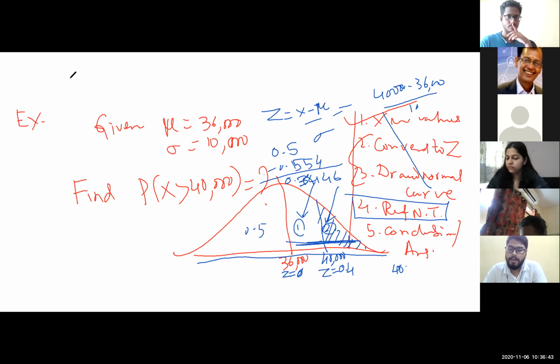Then taking 40,000 as x, we find the value of z, the standard score. Standard score comes out as 0.4. Now we look up the standard score in the normal table to get the probability area. The area will be 0.1554, which is on the right side, from the mean 36,000 to 40,000 on the right hand side, the shaded area.